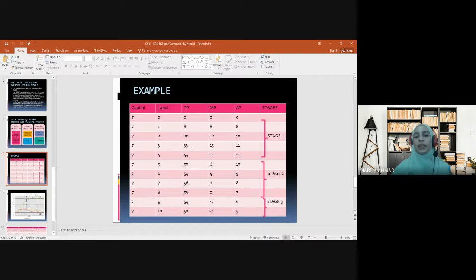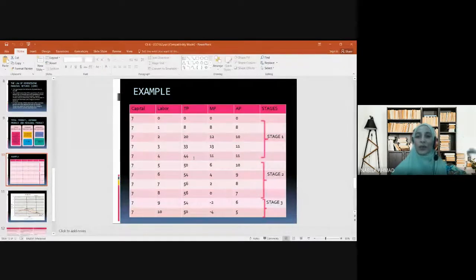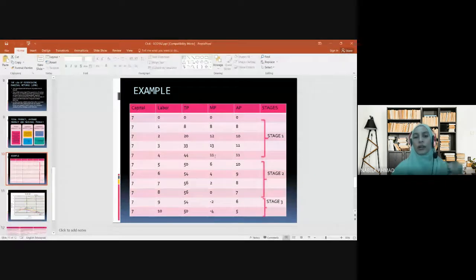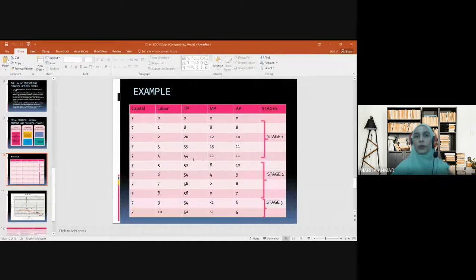Maknanya, pada labor yang keempat, total product increase at decreasing rate. Pertambahan itu dah mula perlahan. Bila kita berada di tengah-tengah bukit, kita nak daki bukit tu dah mula perlahan, dah penat. So itu maksudnya. Jadi marginal product adalah 11. Bermaksud marginal product dah decline, bermaksud total product increase at decreasing rate.